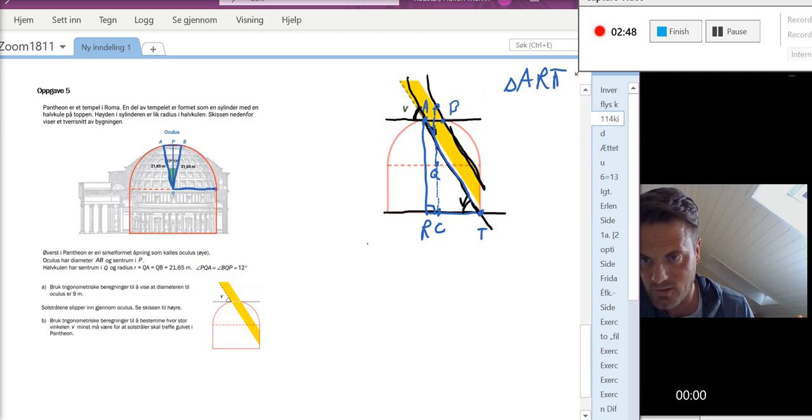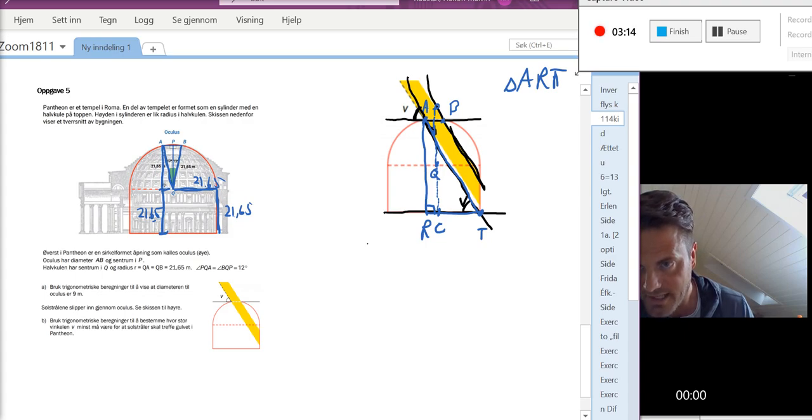This is also 21.65, and it says that the height of the cylinder is the same as the radius of the half square here. So this is also 21.65, and this is 21.65. And now I need to find this side here, and this is of course 21.65.